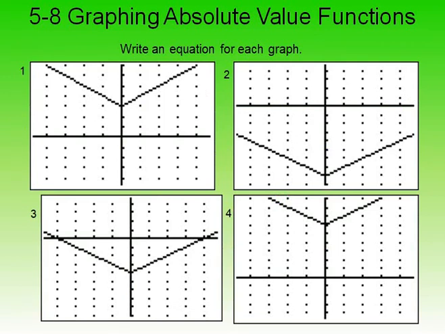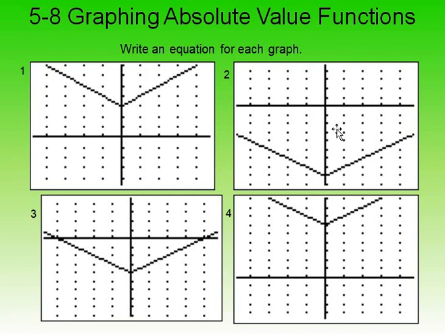For example, here they want us to find the equation for each graph. Let's write the equation for this graph. As you can notice here, it's translated vertically, so the absolute value is only around x. So y equals the absolute value of x, and because it's going down, it's minus.